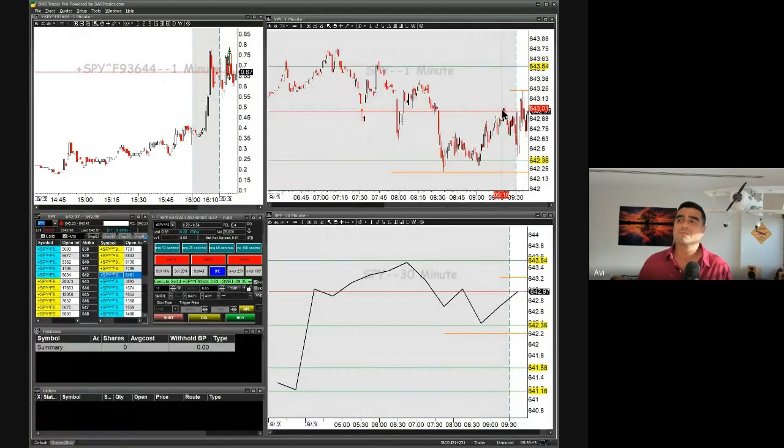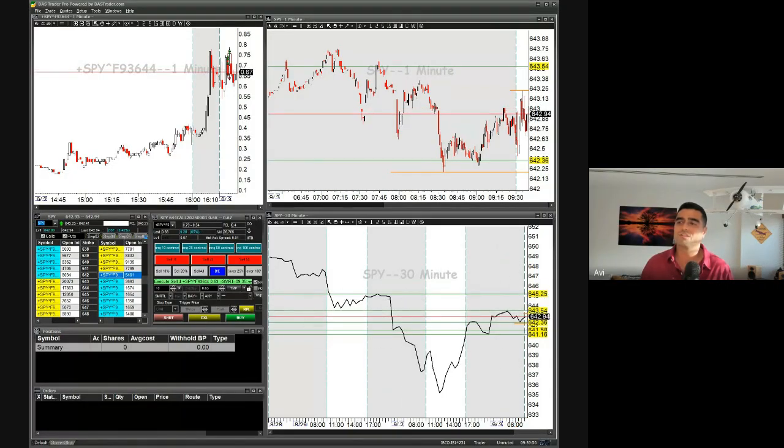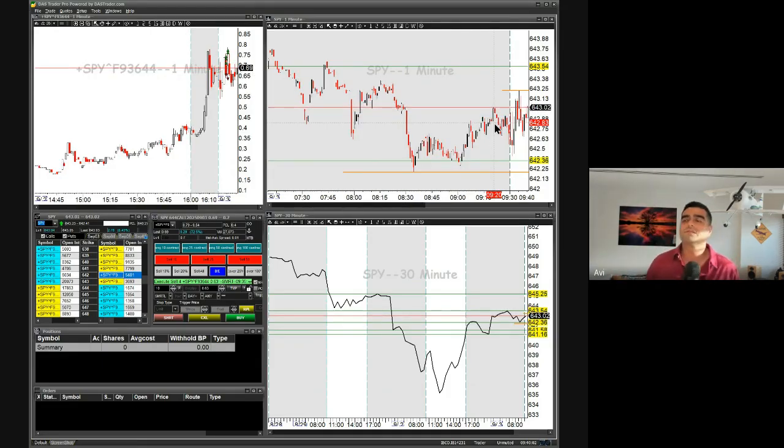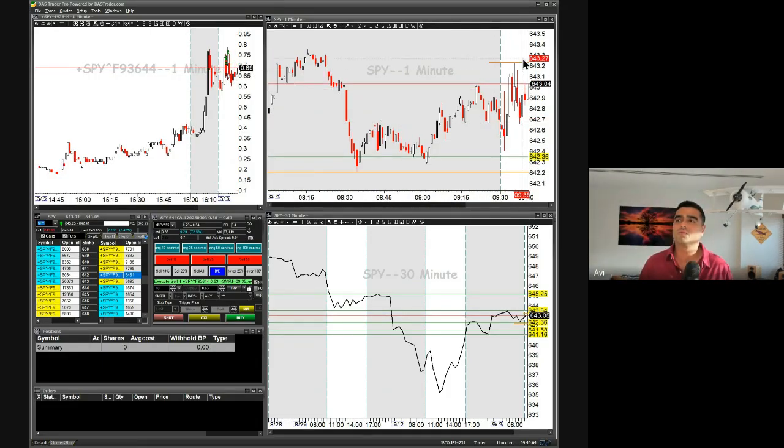But if I'm taking a setup up here, I'm likely to add up here, to tighten the stop and add at the green level and go for the next one up, which is where 645-ish. So let's see. At this point, 644.